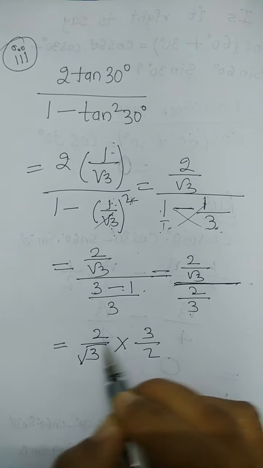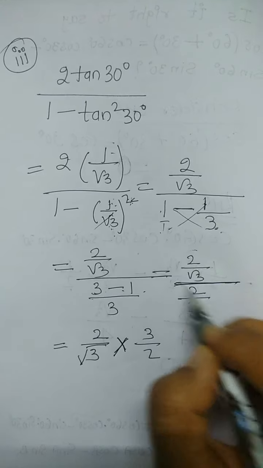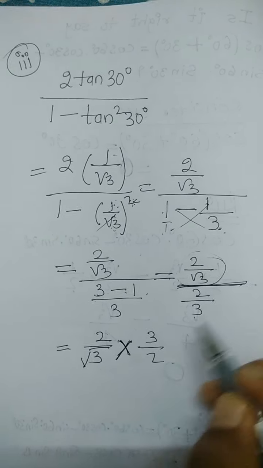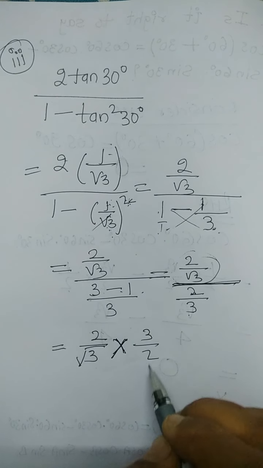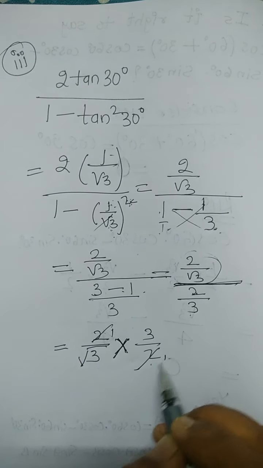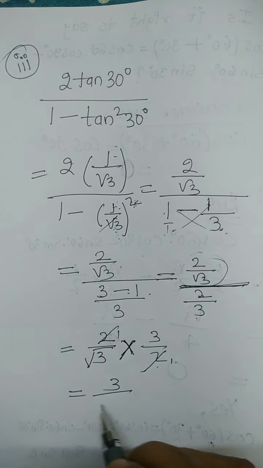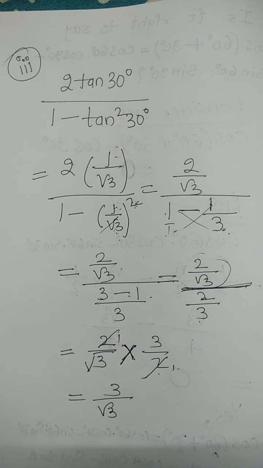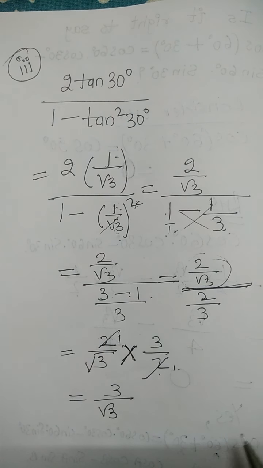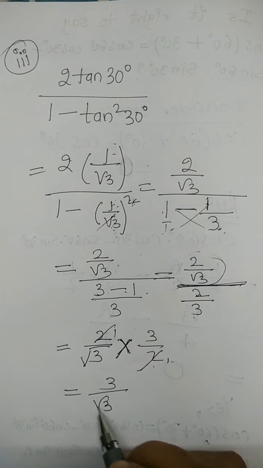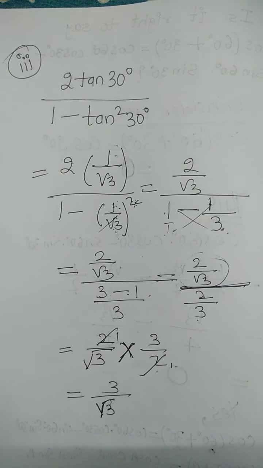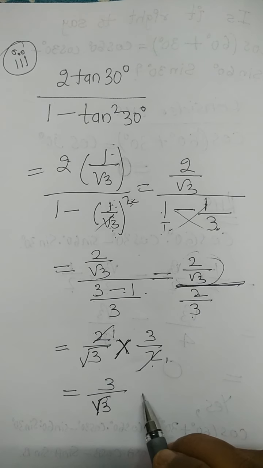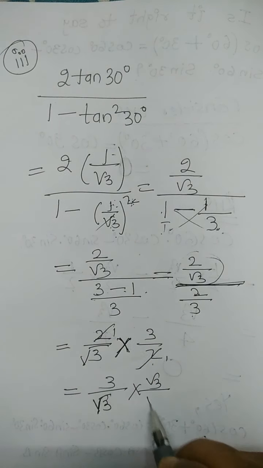Remember, in division, first write the numerator fraction as it is, the division sign becomes multiplication, and 2 by 3 becomes its reciprocal, 3 by 2. The 2s cancel. You get 3 upon root 3. Now you can rationalize it because there is root 3 in the denominator.